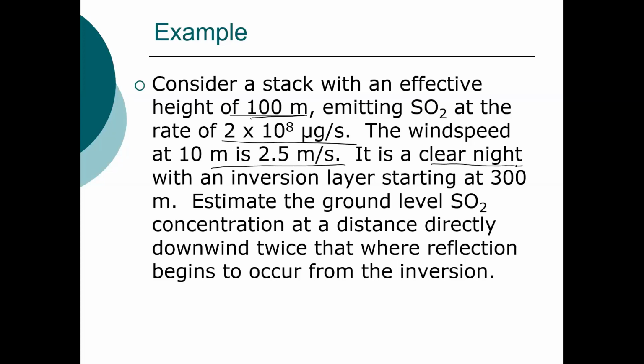It is a clear night with an inversion layer at 300 meters, and you're asked to estimate the ground level SO2 concentration directly downwind, so y equals 0, at a distance that is 2 times x sub L, 2 times that point where the reflection begins to occur.